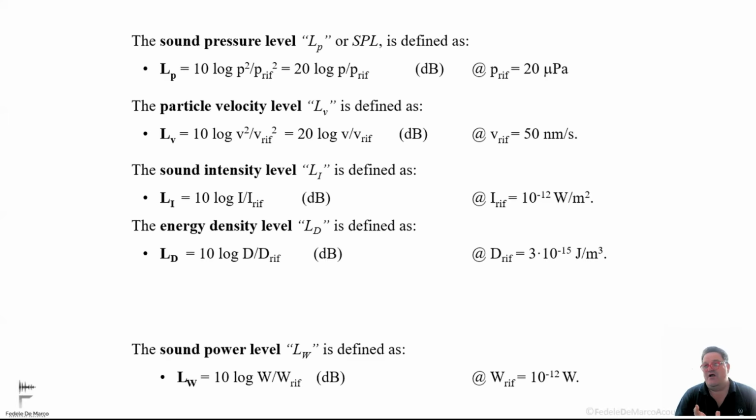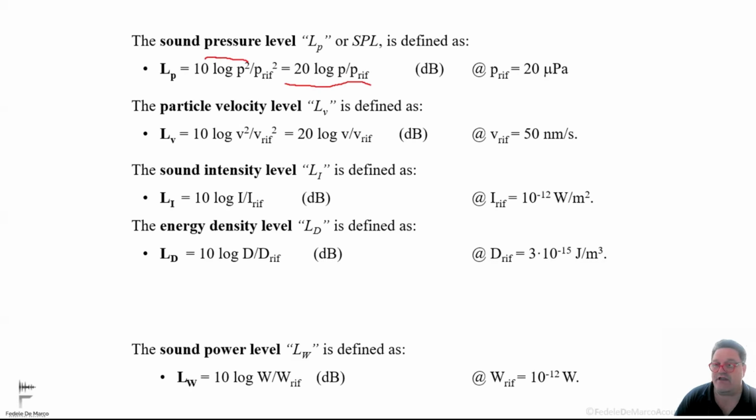When a square is present in the formula, by the properties of logarithms you can extract this exponent, and 10 log becomes 20 log of the ratio.